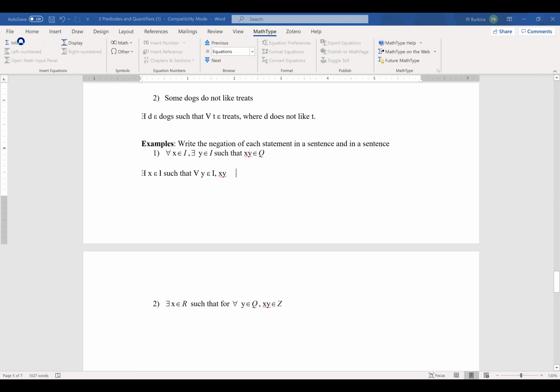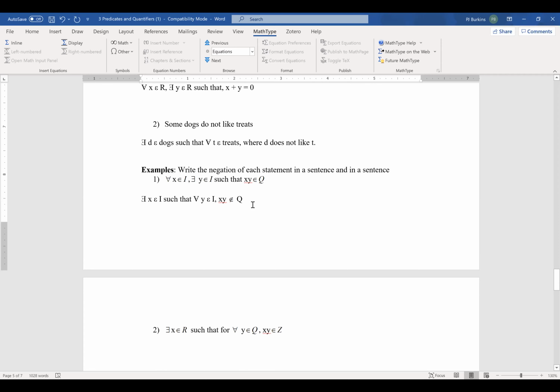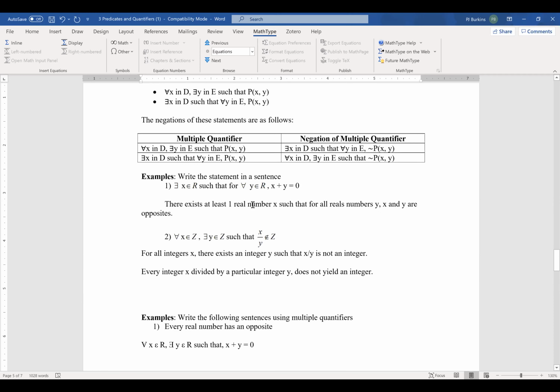It's pretty nice. Symbols, there is my not element of. The strange thing is to put it into Word, you have to close it and then hit yes. So XY is not an element of Q. And make sure I put my comma in the right place.